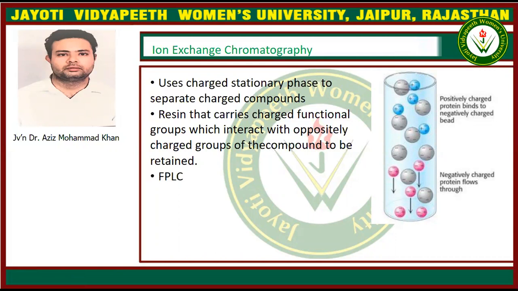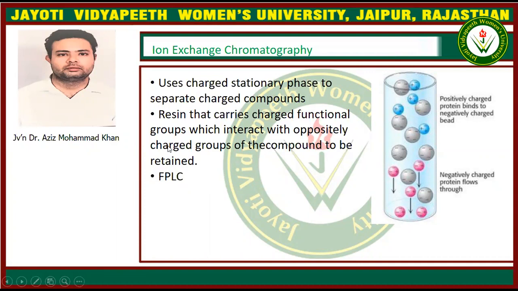For example, if we want to separate the negatively charged proteins, then what we will do, we will select the negatively charged resins. Okay, we will use negatively charged beads.